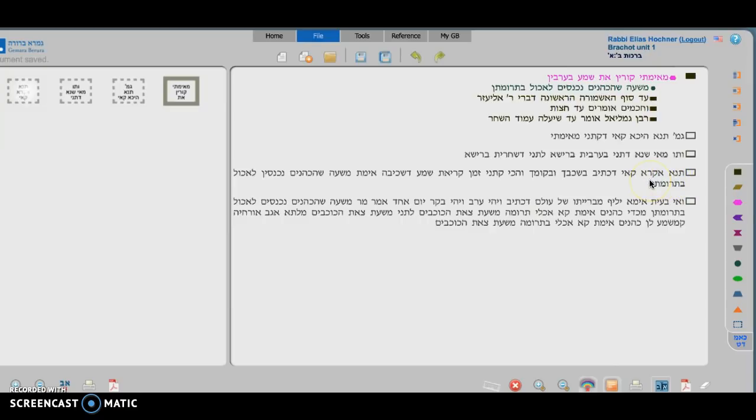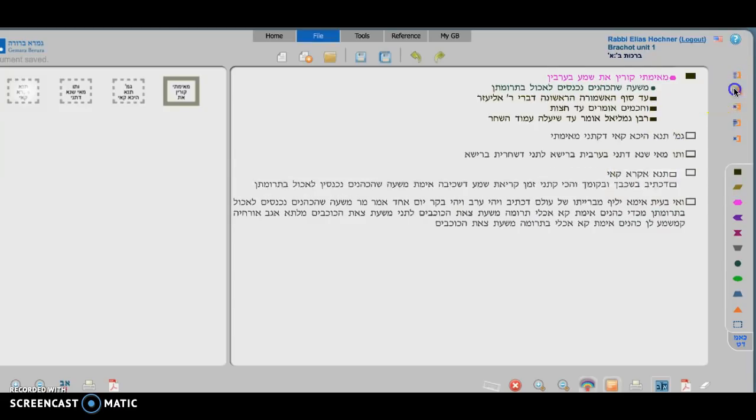And we're going to be able to subdivide it further into smaller components. Tana Akrai Kai. The Tana is referring to the Pasuk. He's basing himself on the Pasuk. Dechtiv is also a key term and is being brought to support something, to prove something. So we are going to subdivide that.